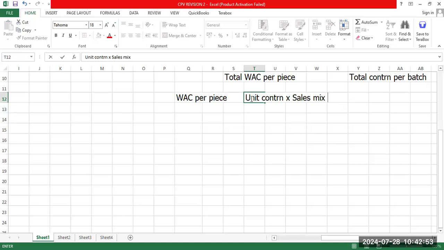And this sales mix we are multiplying, we will need to adjust it. It's recommended to use it here in decimal points, or in percentage.